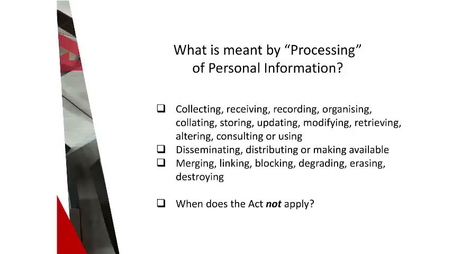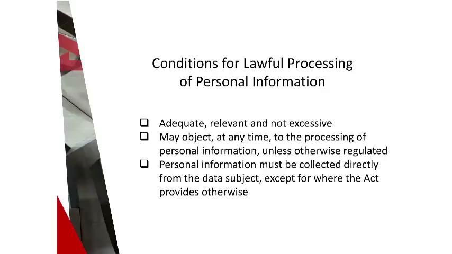So POPI will apply then to estate agents who collect personal information, which will include emails, physical addresses, cell phone numbers, etc. And Section 5 states that a data subject has the right to have personal information processed in accordance with the conditions for the lawful processing thereof.